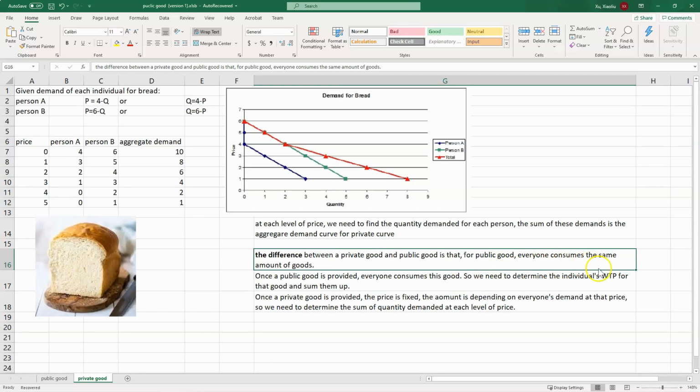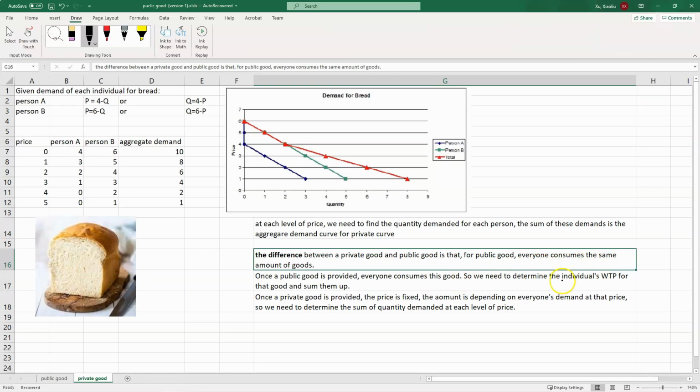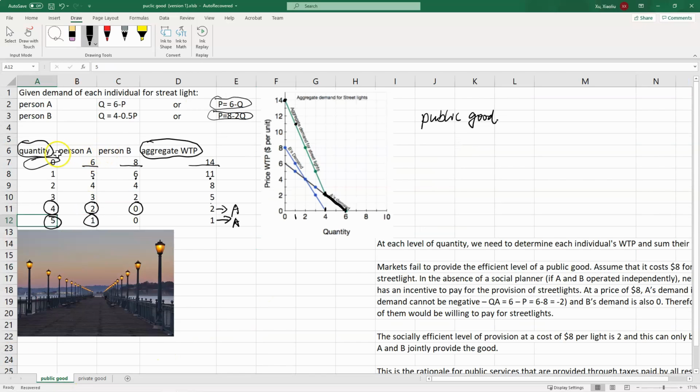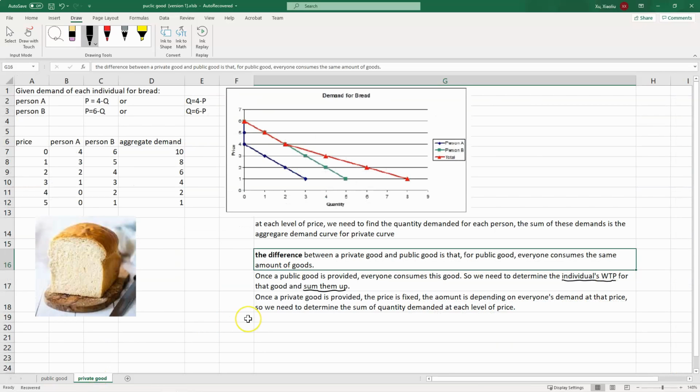So we need to determine the individual's willingness to pay for that good at a different level of quantity, and then sum them up. That would be the aggregate willingness to pay.